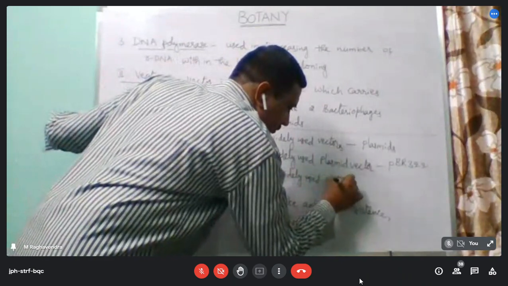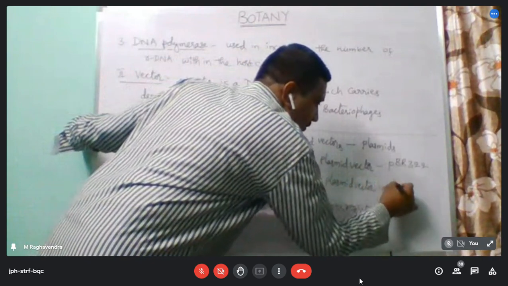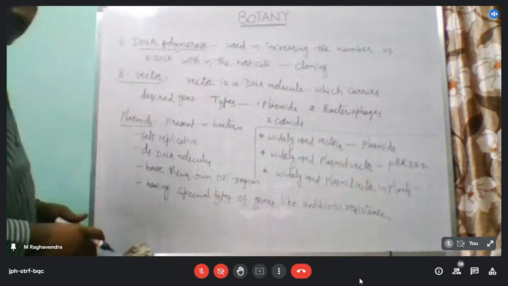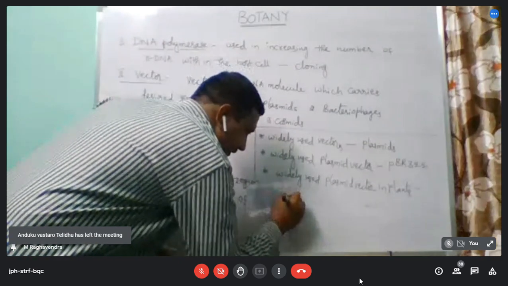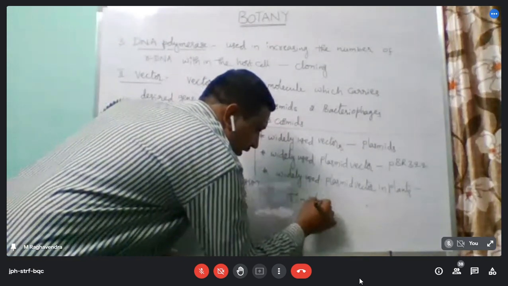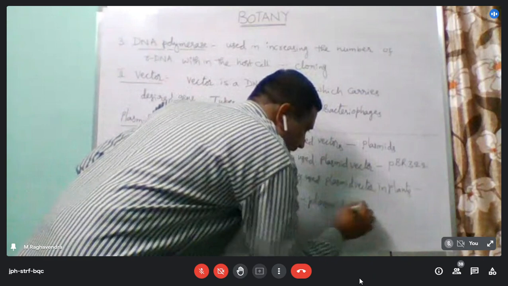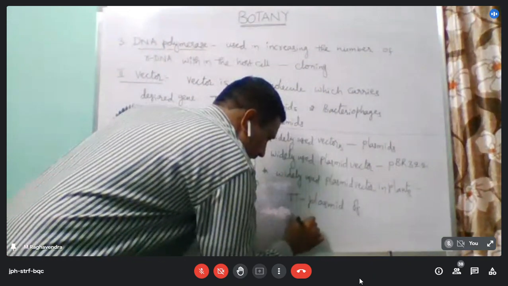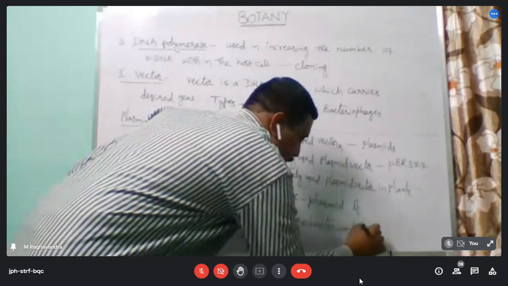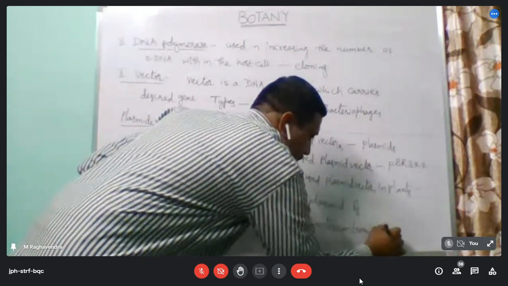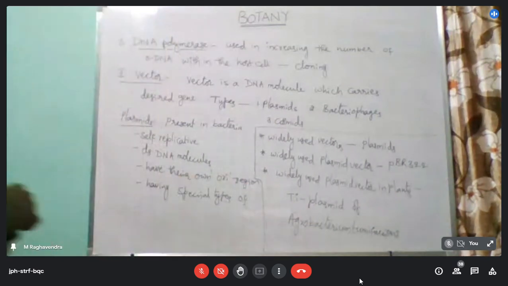Another very important point: the widely used plasmid vector in plants is the Ti plasmid of Agrobacterium tumefaciens.